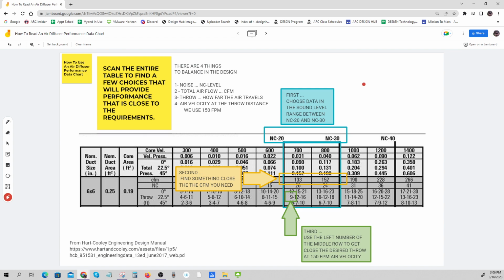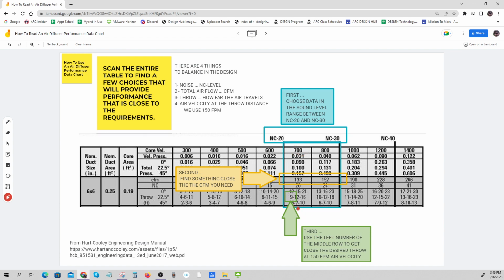That's from the air terminal sideways and down; as soon as it hits a wall or something like that, it'll bend down. So it's the sideways distance plus the downward distance. This one will do 9 feet by the time it peters out from 700 feet per minute to 150 feet per minute.